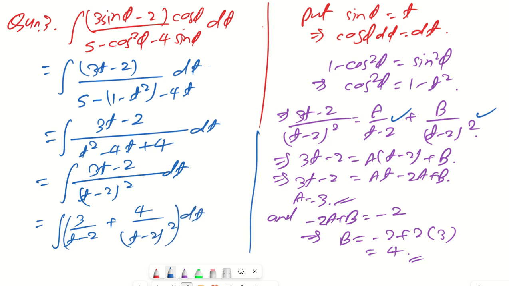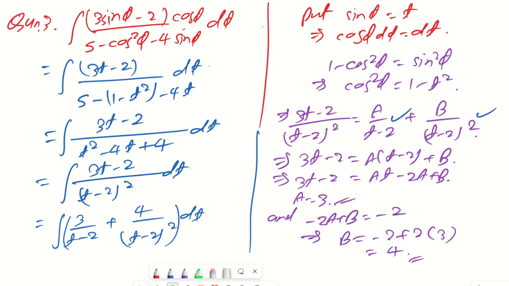Now this is going to be a very easy question. You know already this will become just 3 log of (t minus 2), and for 4 by (t minus 2) whole square, you can replace t minus 2 by x or something and solve this.